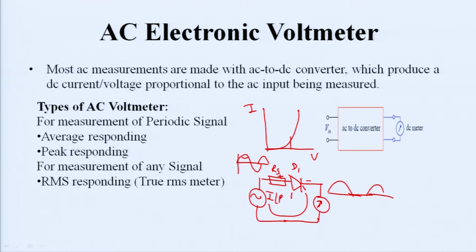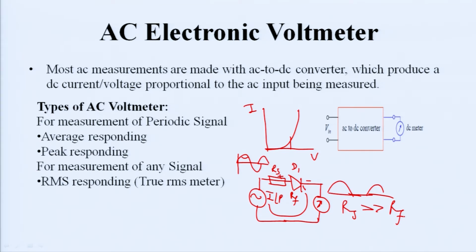The value of Rs should be very high with respect to Rf, so that the non-linear behavior of the diode will not affect the measurement. So, by placing a diode we can measure the average value of the current, because the diode is converting the AC signal into a DC signal, and then this meter will measure only the average value of the voltage. So, that is the average responding voltmeter.